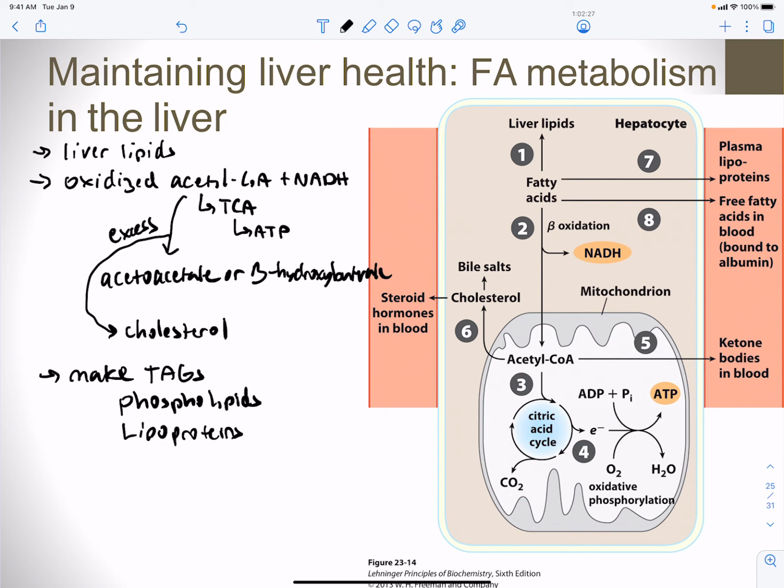Now, with respect to medium chain fatty acids, liver and kidney are the major sites of oxidizing medium chain fatty acids.